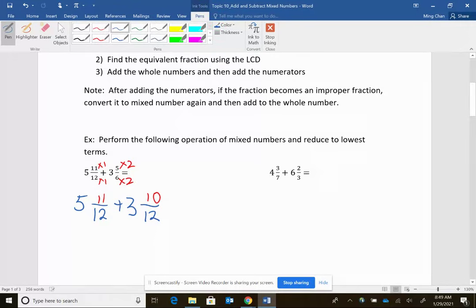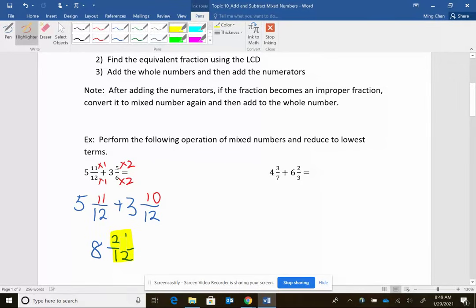Now it's the third step. Add the whole numbers: 5 plus 3 is 8. Add the numerators: 11 plus 10 is 21. The LCD is still 12. So this part right here is an improper fraction.